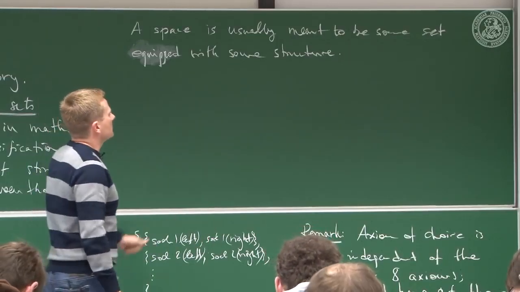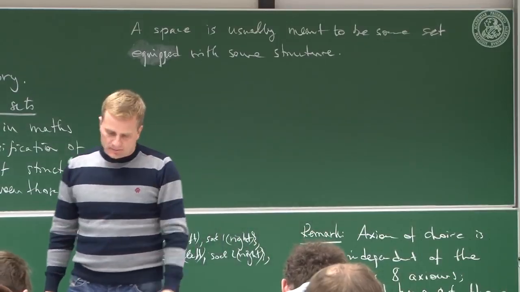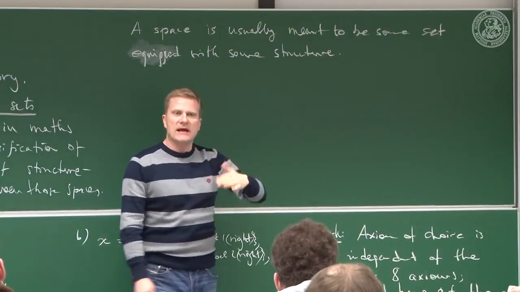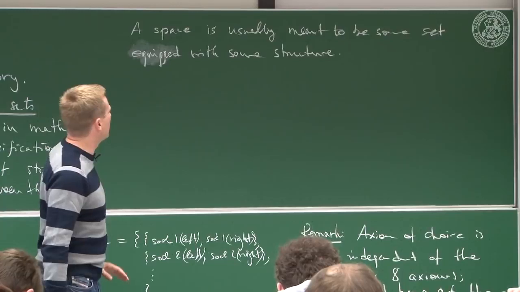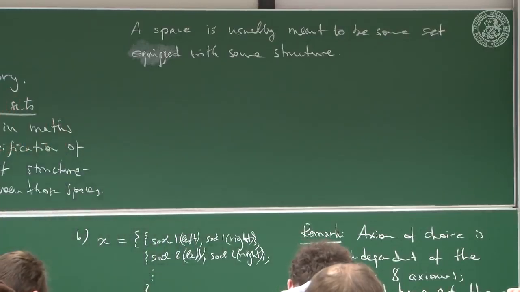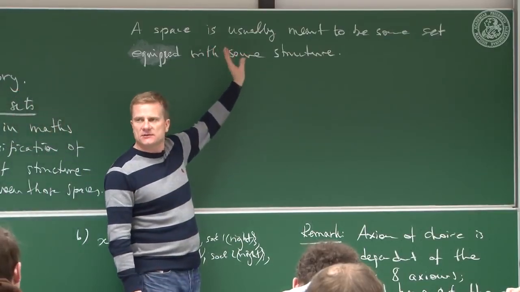Okay, but it could also be other structures like a group structure. So you give an operation on a set, and so you add structure like this. And every time this principle applies, a space is usually meant to be some set equipped with some structure. And now you want to classify such a space.